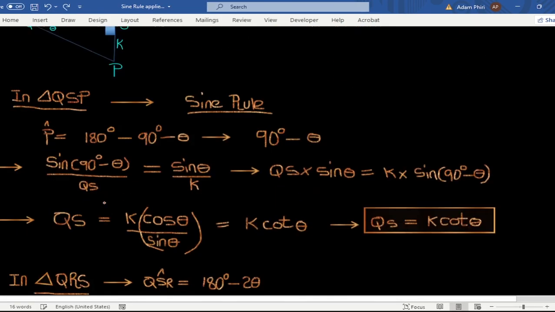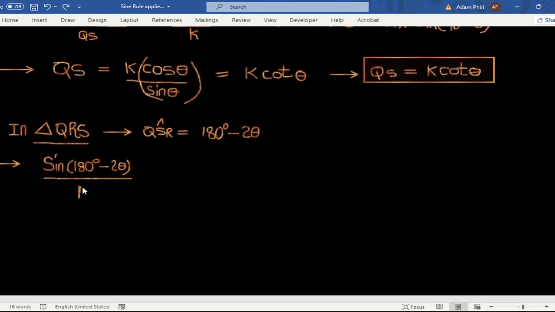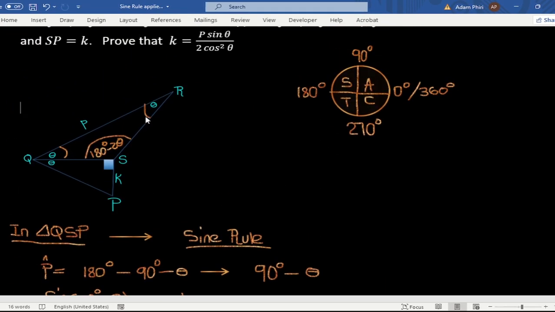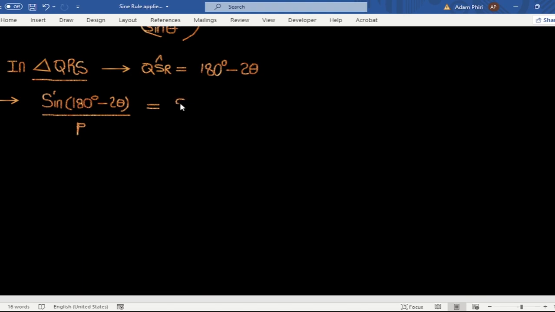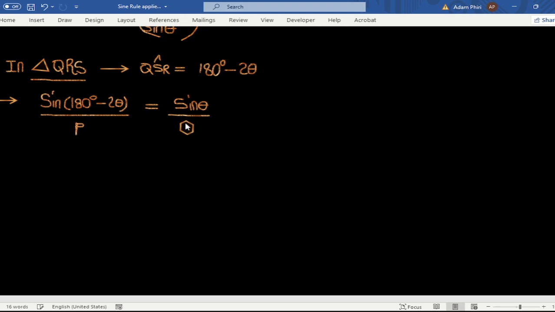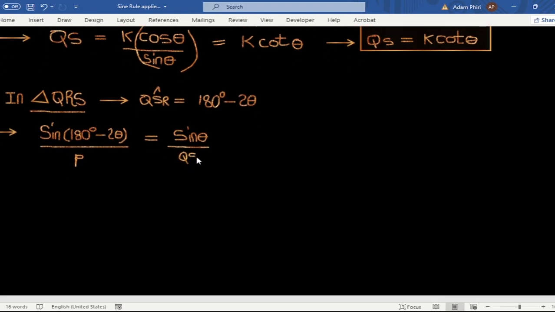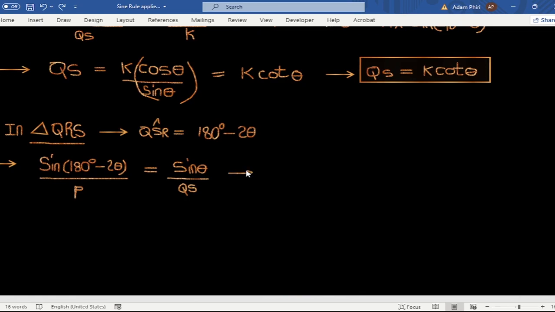We also have sine theta over QS. QS is the part that we solved before, if you remember.